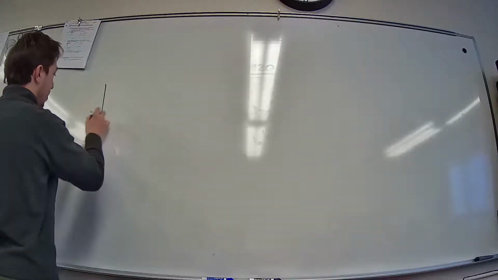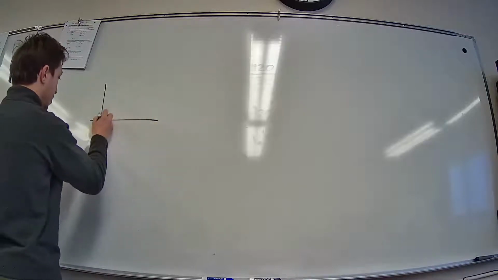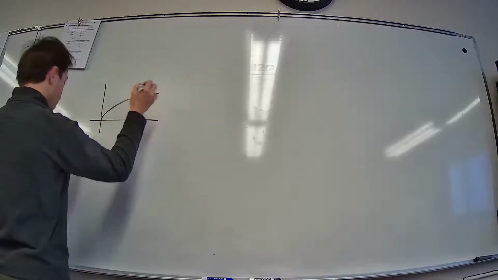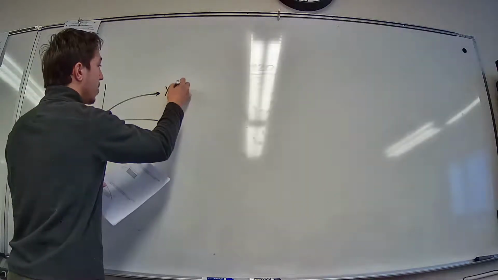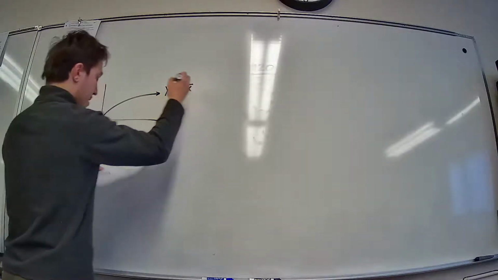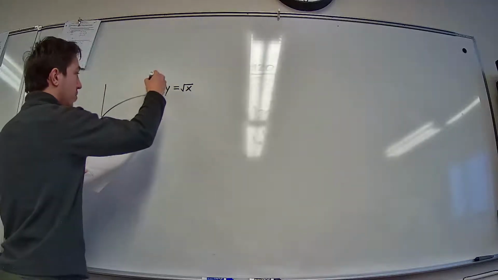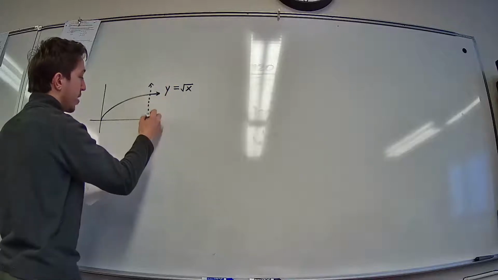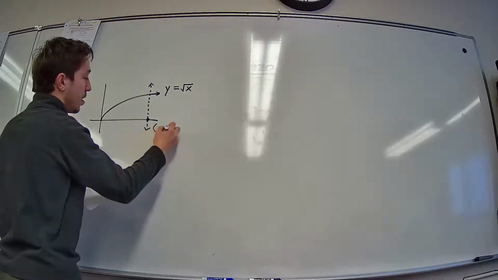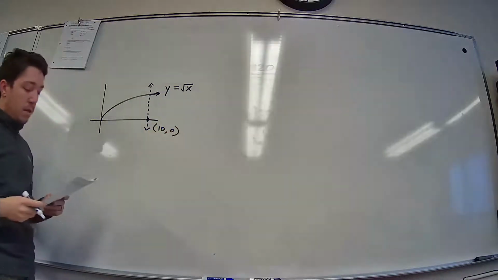So basically the problem says you've got this curve. This is the curve y equals square root of x. And then you've got the point 10, 0. So this right here is the point 10, 0.